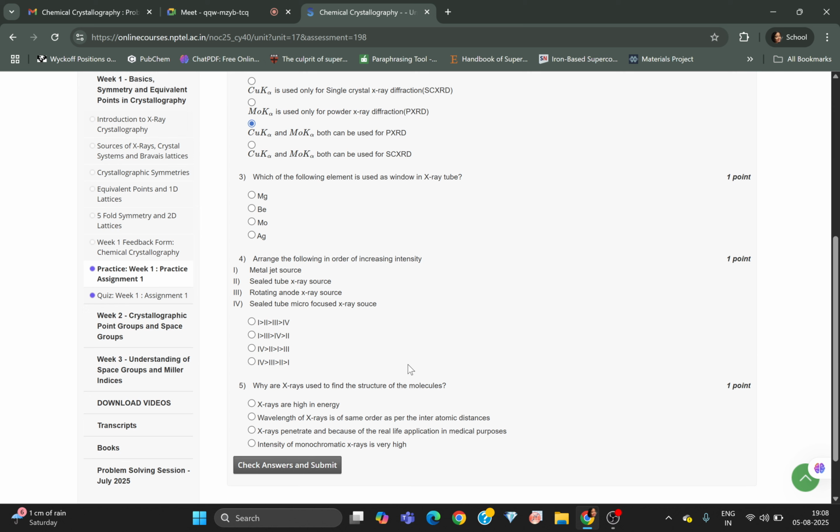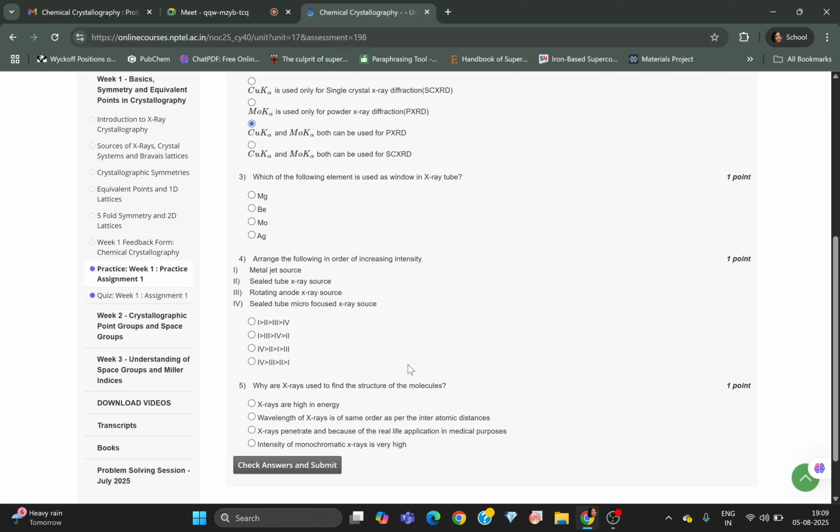The next one is sealed tube X-ray source, a standard X-ray source with moderate intensity. The third one is rotating anode. Rotating anode has the highest intensity among all, because continuous rotation of the anode prevents overheating, so it allows very high power.